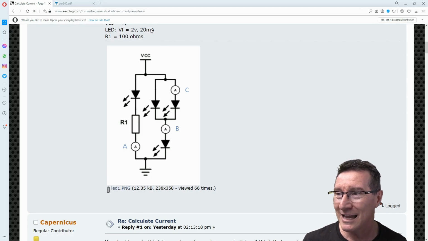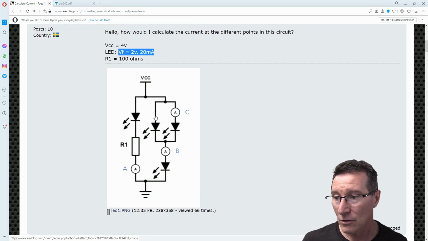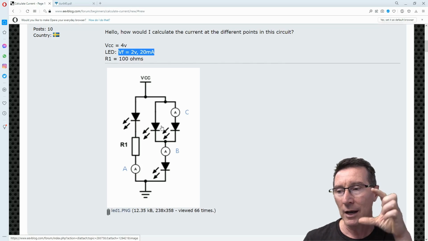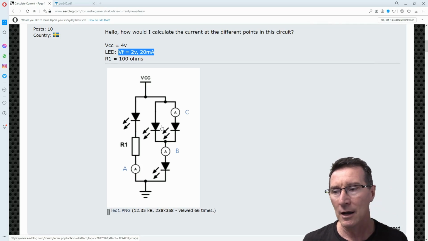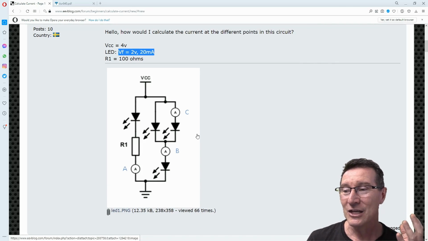And you've been stated that the forward voltage is 2 volts at 20 milliamps. Because these are in parallel, in terms of a voltage divider thing, you have to assume 2 volts at that midpoint junction there. Even though it's infuriating, you have to assume that.